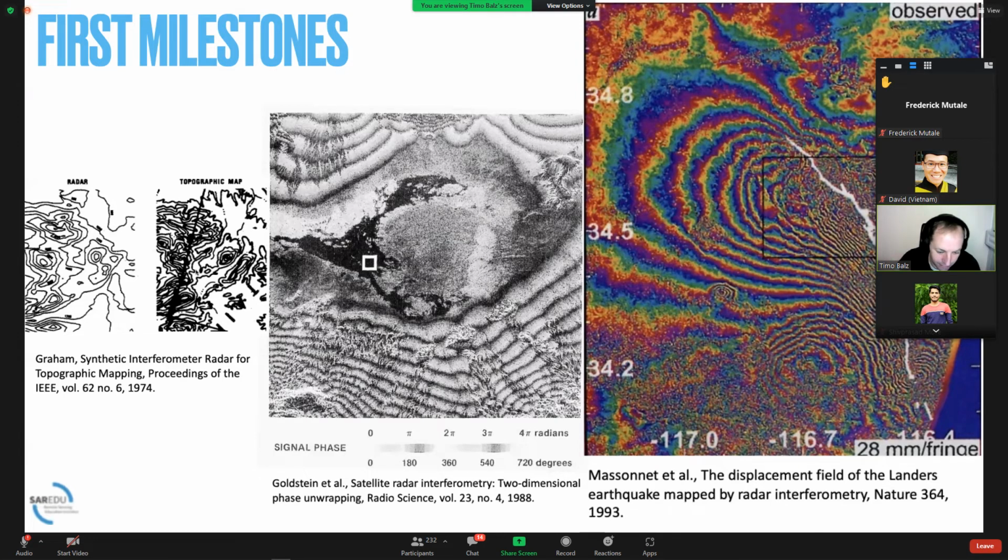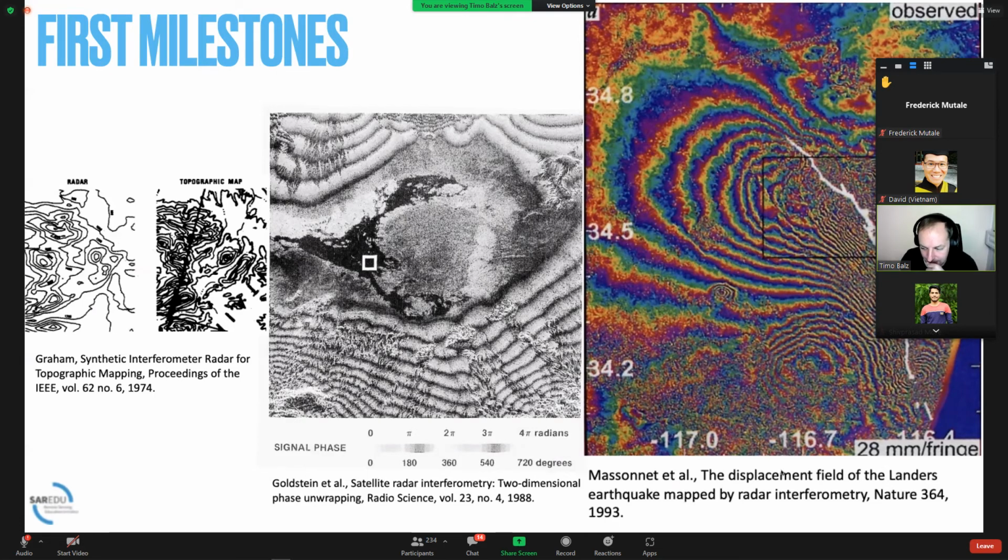Then the start of it, more practically, is around the end of the 80s, beginning of the 90s, with Goldstein's paper on phase unwrapping, which is a very essential step to come from these fringes toward actually a DEM.